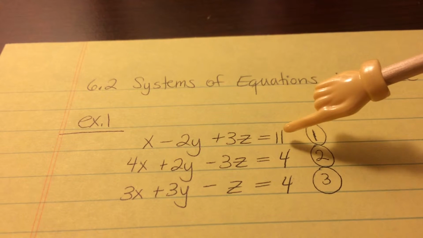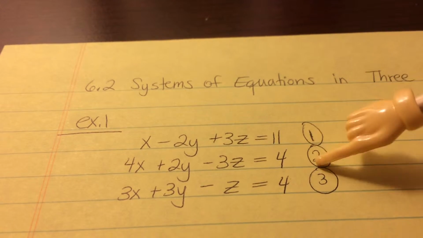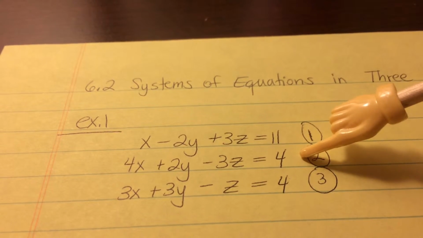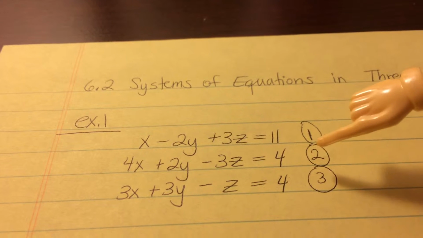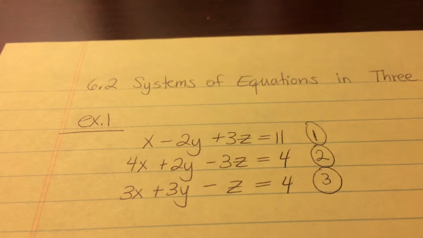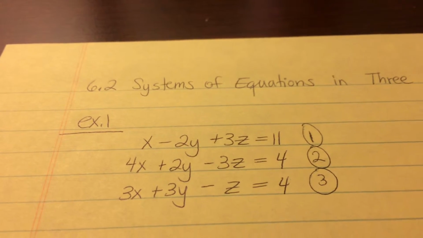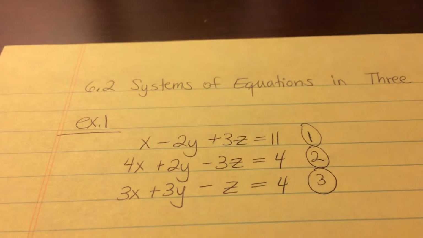What I'm going to try to do is a combination of the two equations right there, and then we're also going to do 1 and 3 as well. So in a system of equations with three variables, you can work with more than one equation, but you obviously can't work with the same equation again, okay?